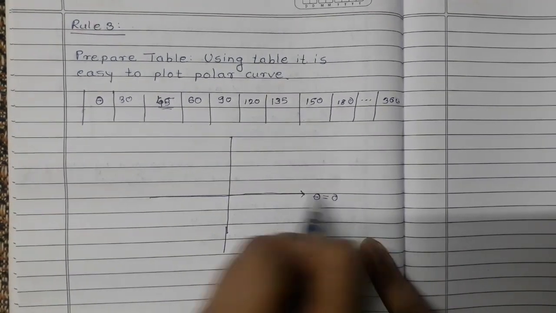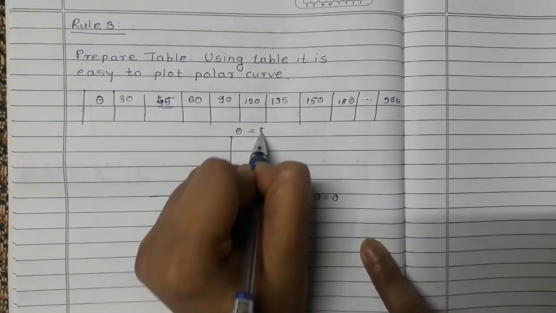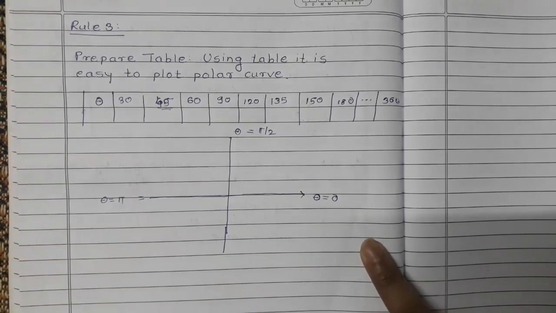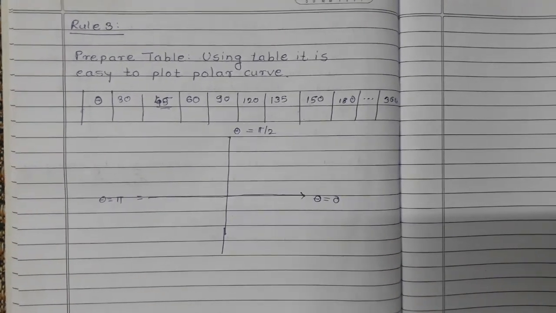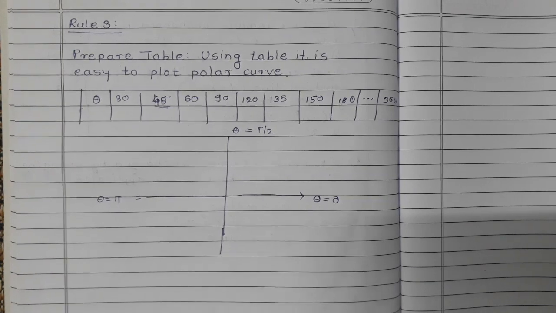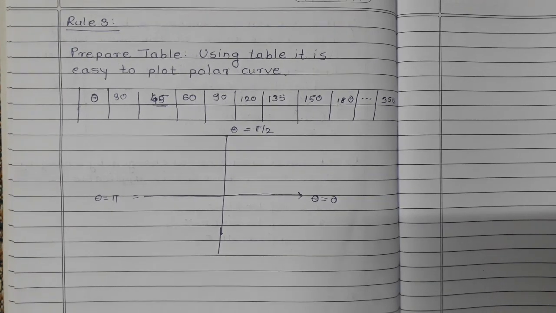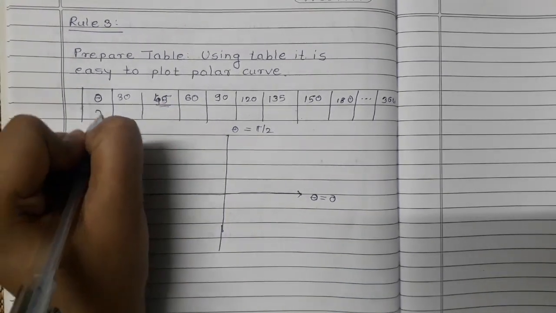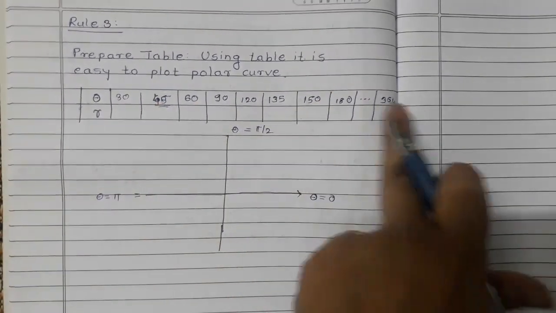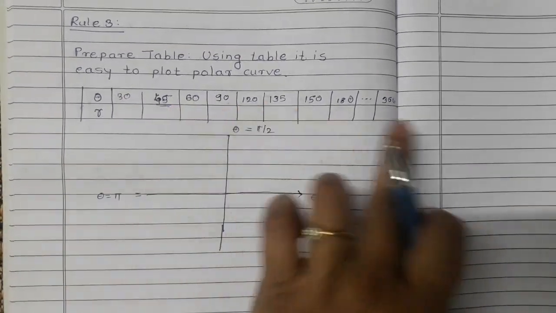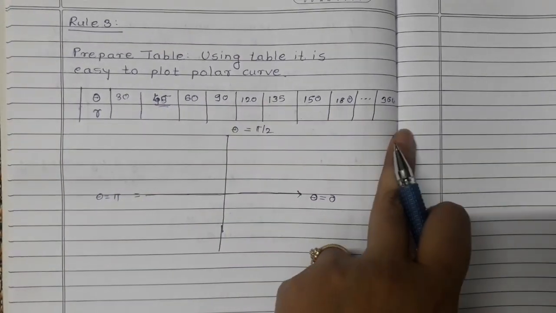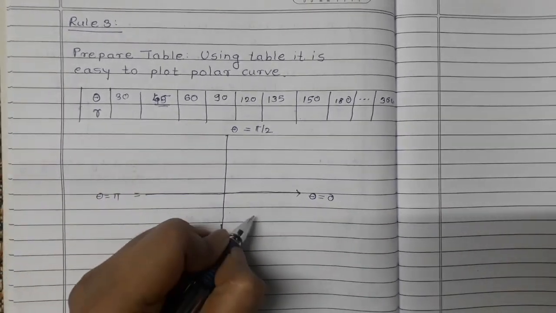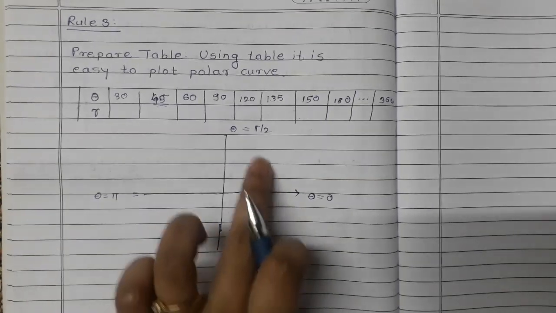This is theta equal to 0, this is theta is equal to pi by 2, this is theta is equal to pi. Note that when you find the corresponding value of r, when you substitute these values of theta in the given equation, you will get certain values of r. So you can plot these values of r straight away here and you can draw the curve.